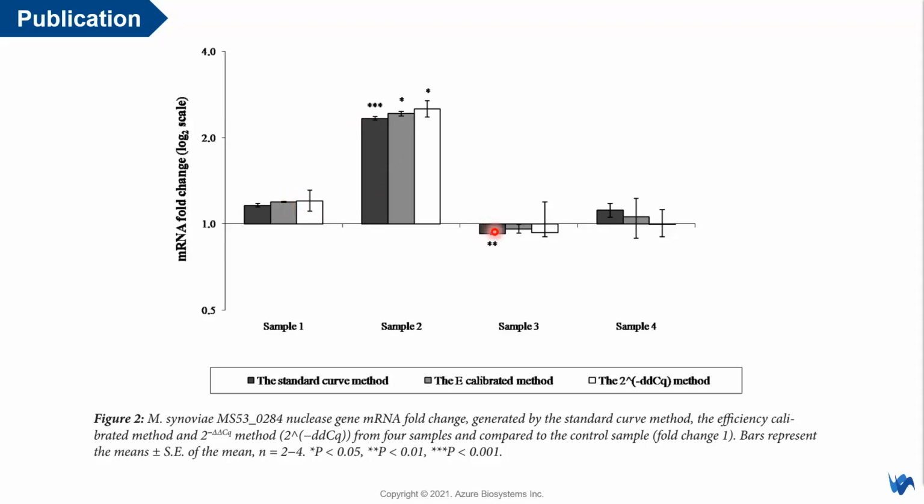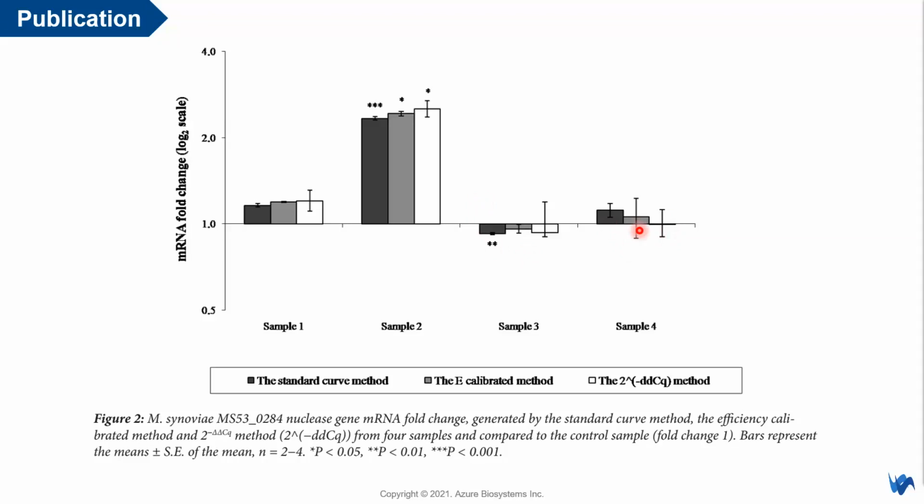In general, when you quantify small differences in gene expression, for example in sample 3 and sample 4, where you have slightly lesser or slightly higher expression, the delta delta CQ method should be avoided. Both the standard curve and efficiency calibrated methods are more suitable to determine very small differences in relative gene quantification, right?